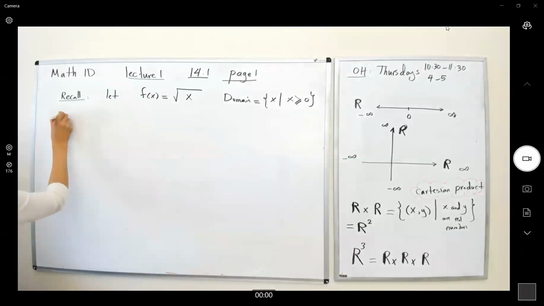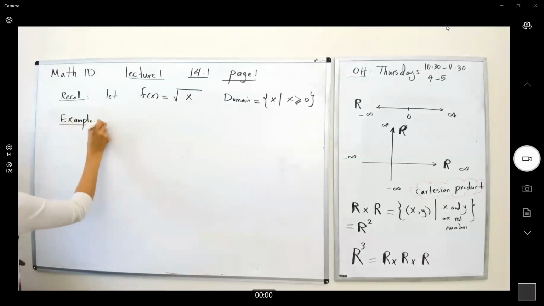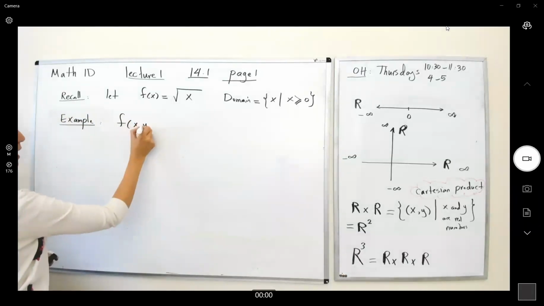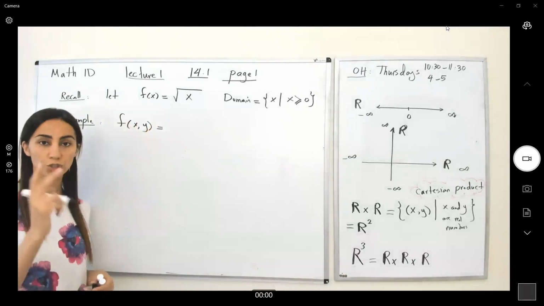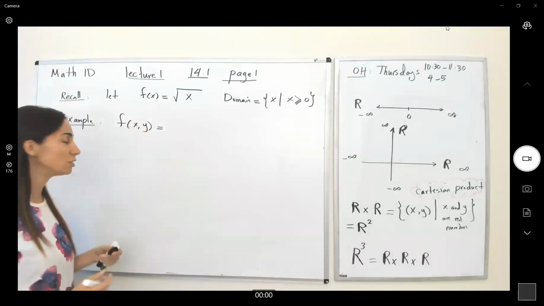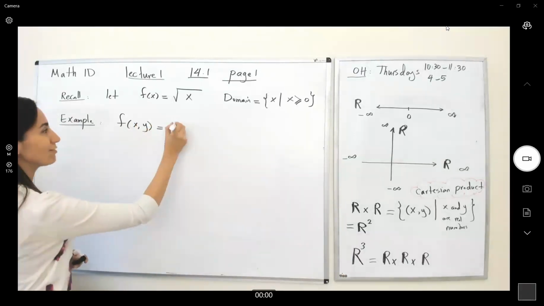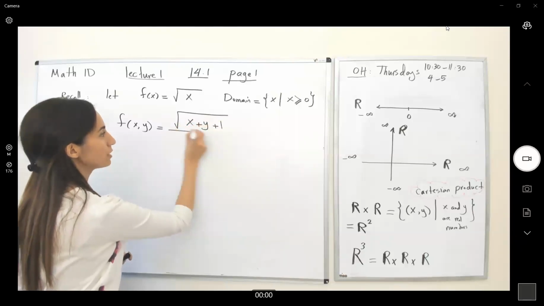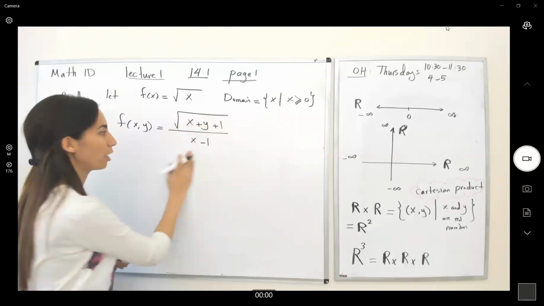So in this example, we have this function. The function is given as f of x and y. You have two free variables. It's defined as the square root of x plus y plus 1, divided by x minus 1.